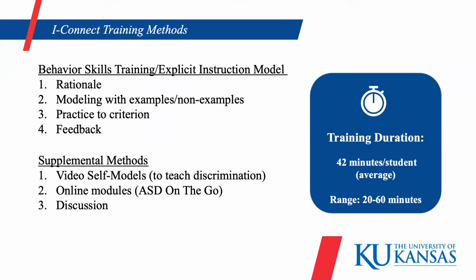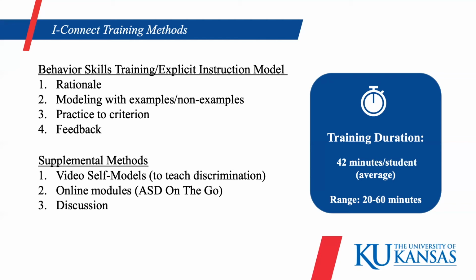So first you introduce the rationale, then you provide some modeling with examples and non-examples. You give them an opportunity to practice. You may have students practice to a criterion, so they have to demonstrate that they are able to monitor accurately to a certain percent before they're able to use the app without your help. And you want to try to offer positive feedback as well as corrective feedback.